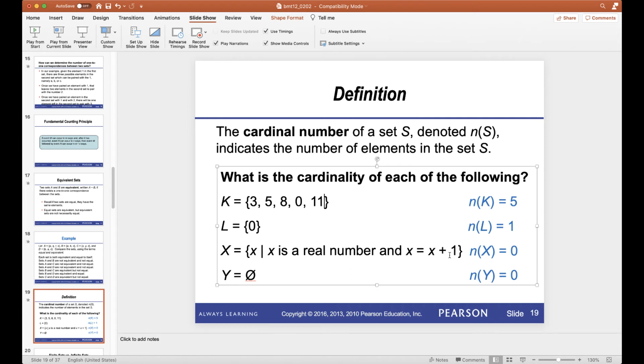Like 5 cannot equal 6. So that's equal to 0. And this last one is called the empty set. That's the symbol we use to show that it's empty, and that's also equal to 0 because it's empty.